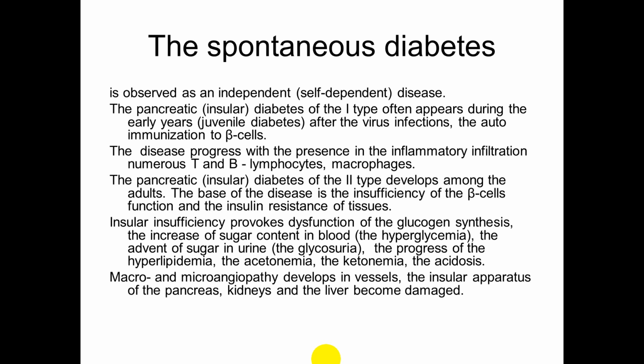Insular insufficiency provokes dysfunction of glycogen synthesis, an increase of sugar content in blood, hyperglycemia, the advent of sugar in urine, glycosuria, the progress of hyperlipidemia, acetonemia, ketonemia, and acidosis. Macro- and microangiopathy develops in vessels, and the insular apparatus of the pancreas, kidneys, and liver become damaged.